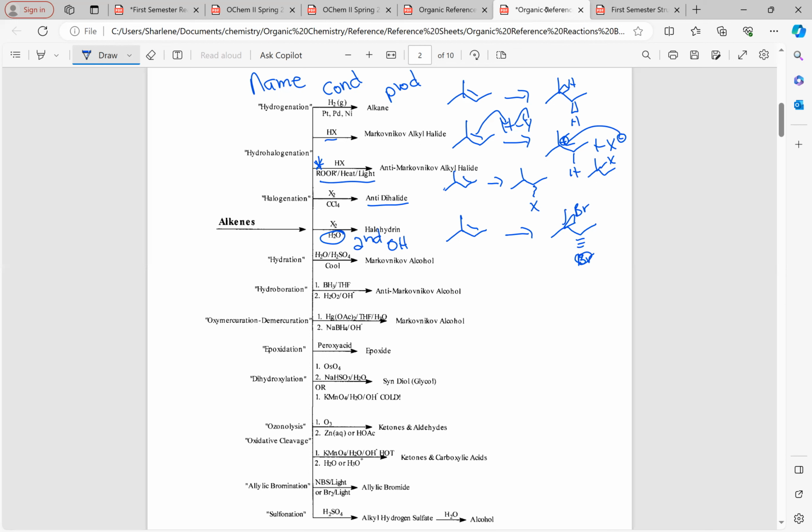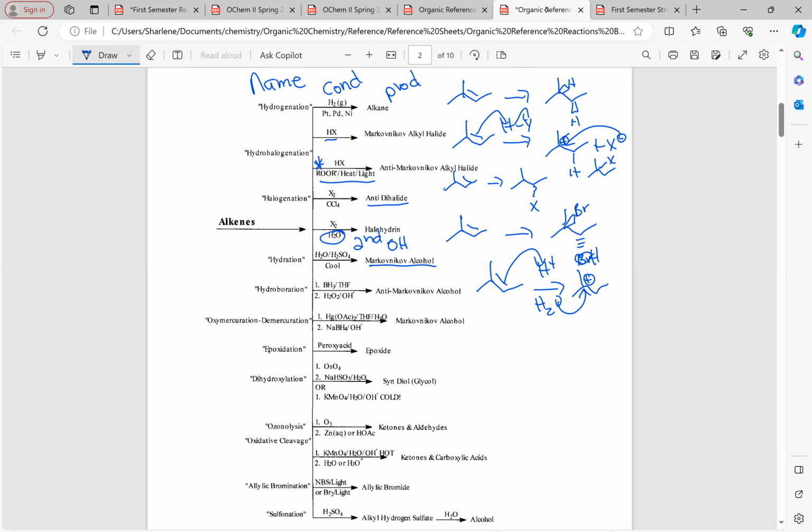So this would be converted over to an OH. Hydration, basically you're breaking it with an acid and putting water on it. Same mechanism. First, I'm going to go through a carbocation intermediate, and then the water will attack the carbocation.